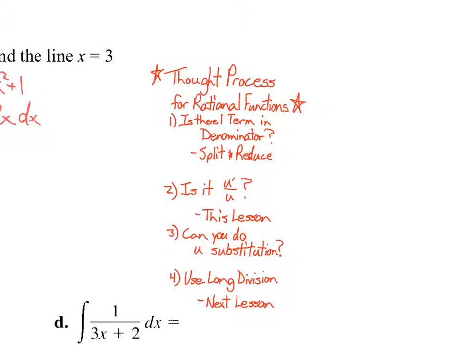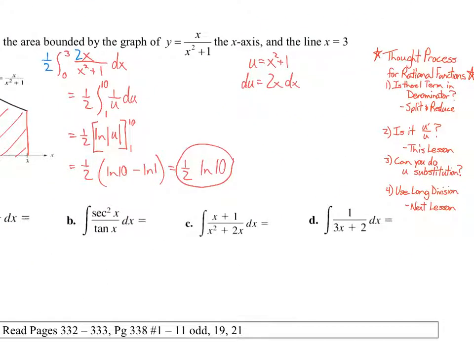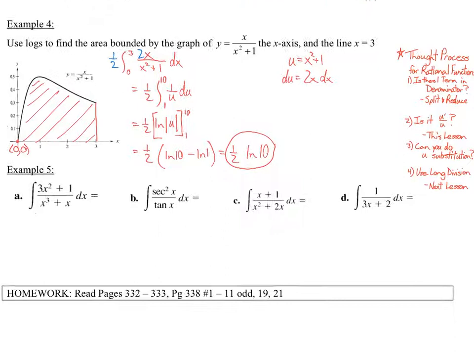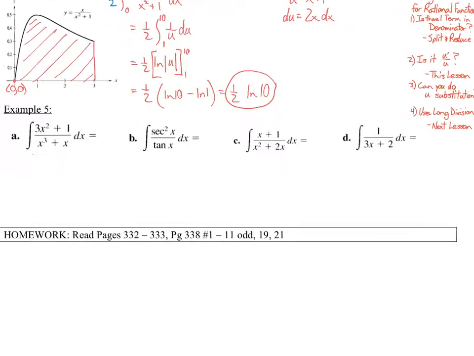You'll see how that works when we get there, but we're not quite there yet. Let's take a couple minutes, and I want you to try these 4 on your own first, and then we'll look at the full solutions.